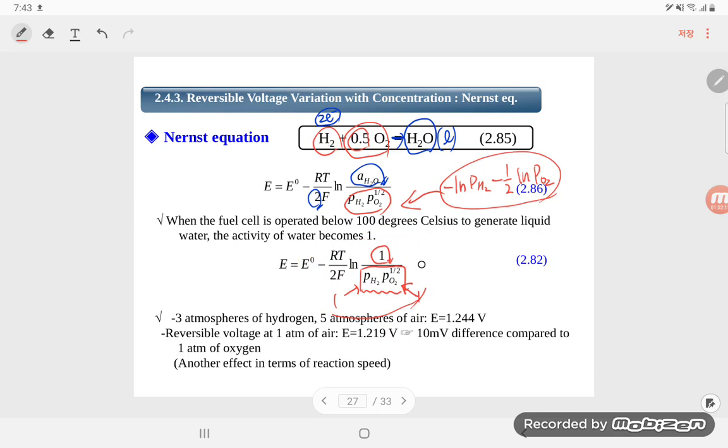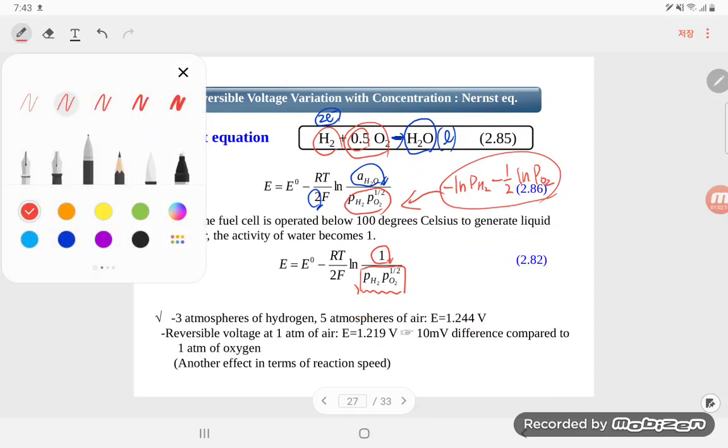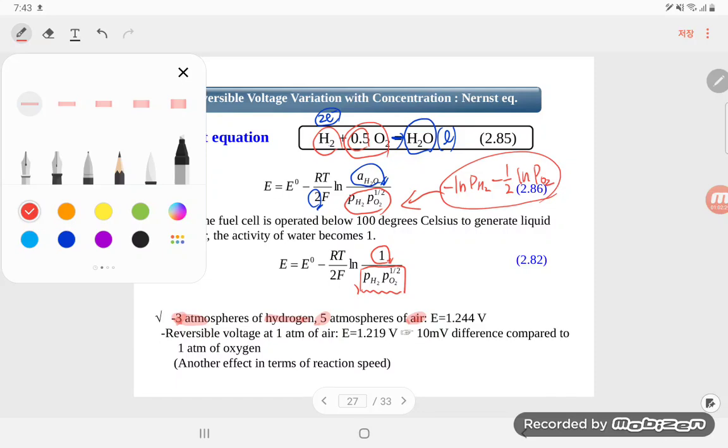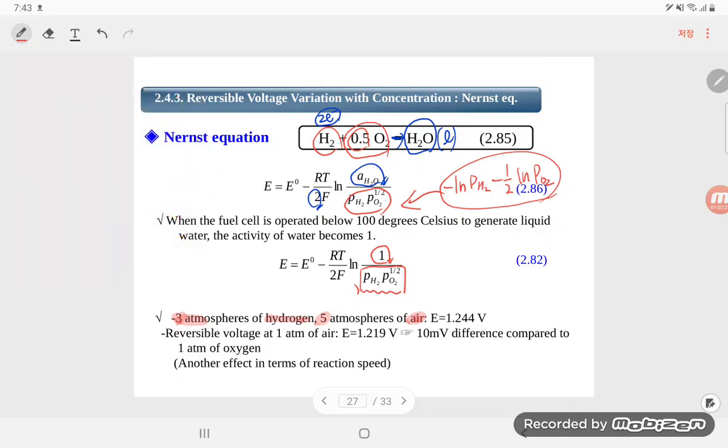But not now. So if we assume 3 atm of hydrogen and 5 atmospheres of air, then how can we calculate the reversible voltage? Then insert the 3 in here, right?